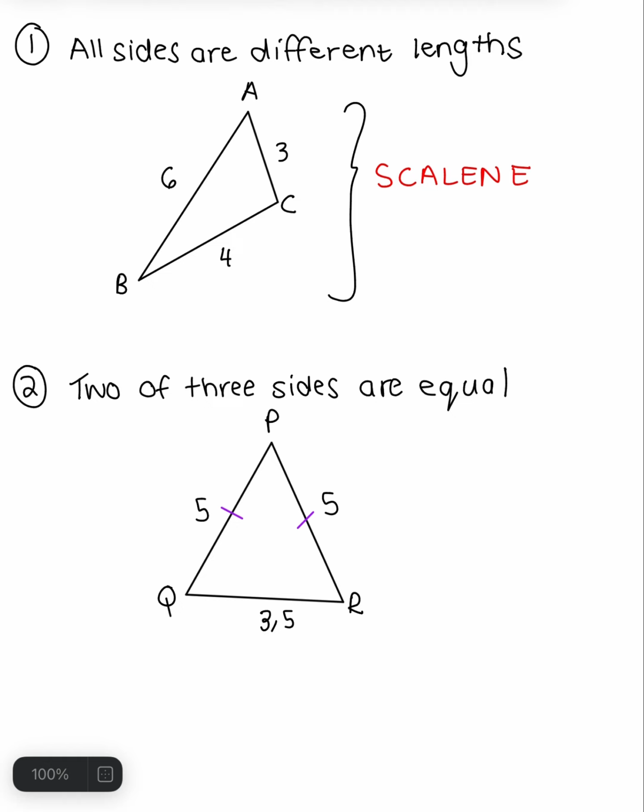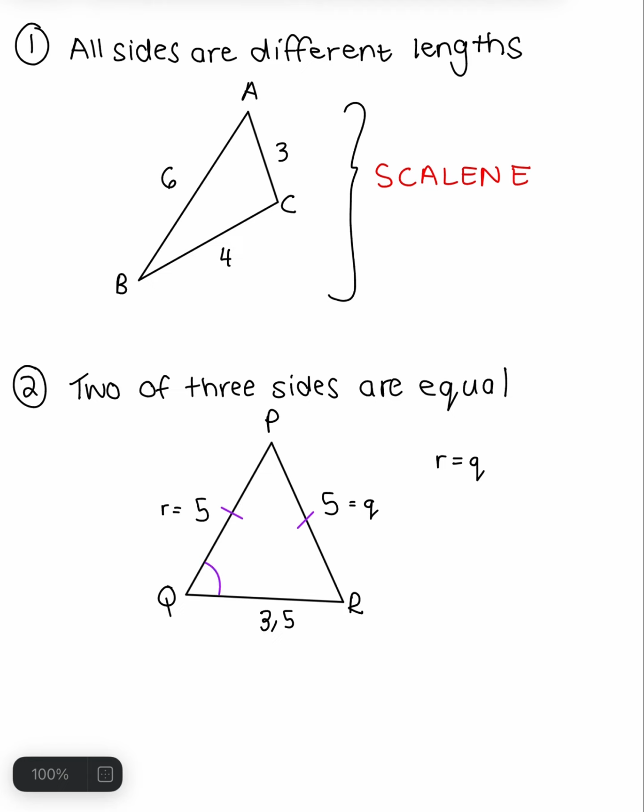If you remember the naming convention, this would be side R and this would be side Q. So in this triangle, R is equal to Q, and thus we also know that the angles opposite the sides are also equal to each other.